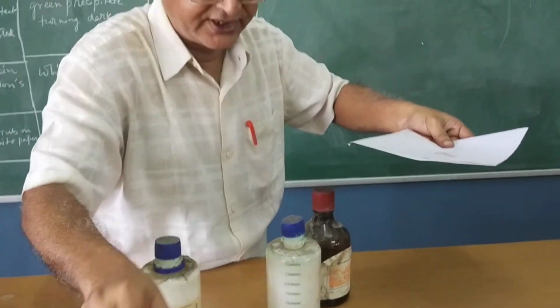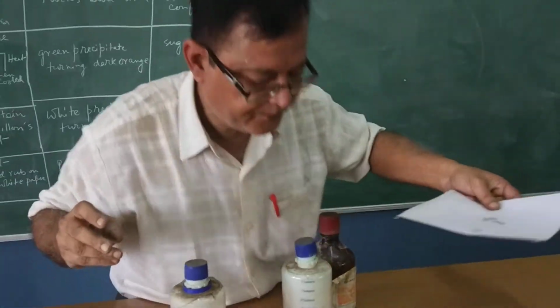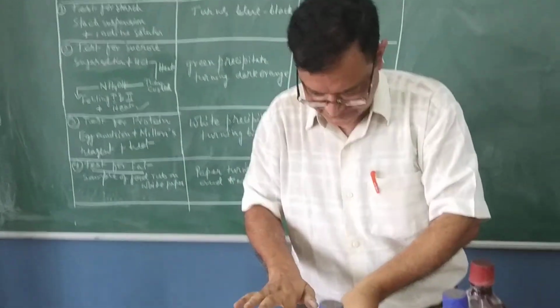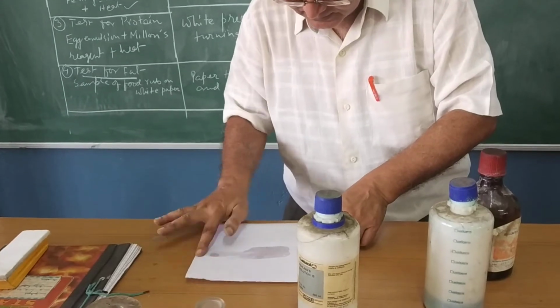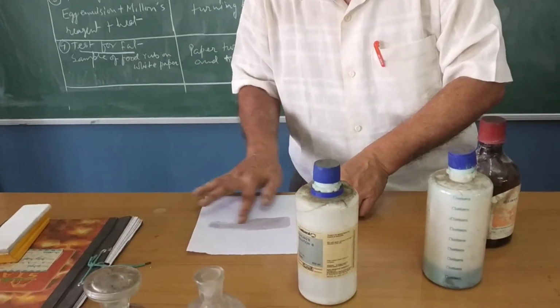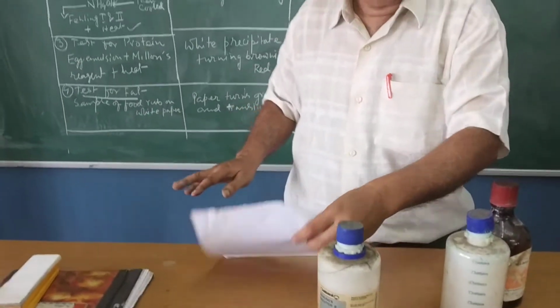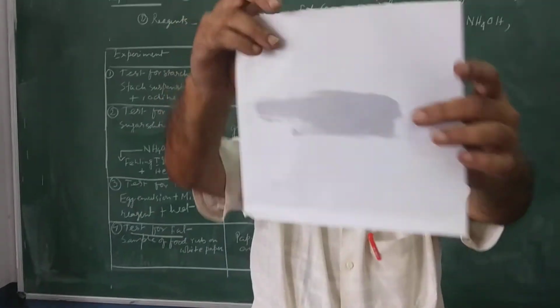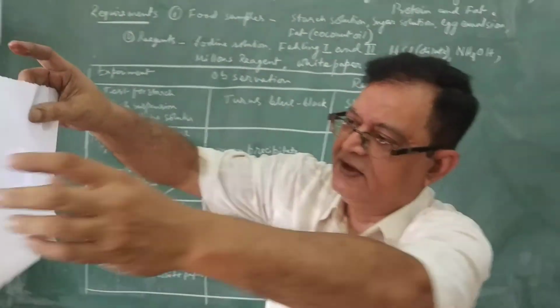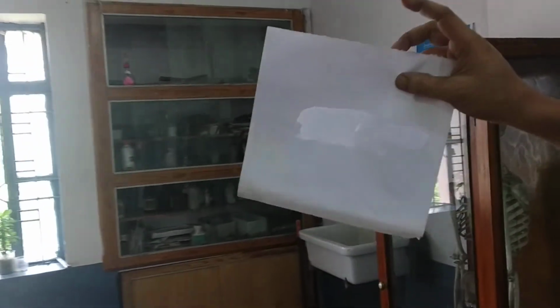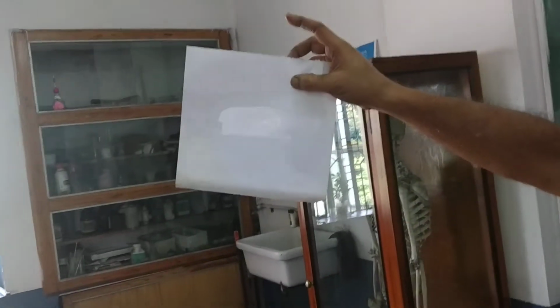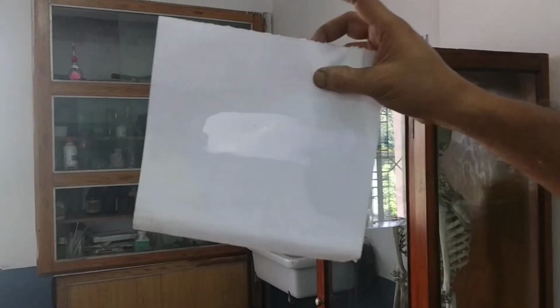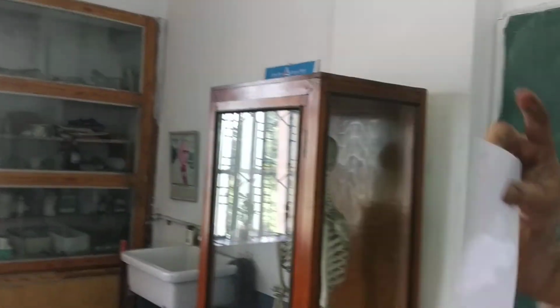I have taken 2-3 drops, and then I will rub it. When I rub it, the paper turns greasy, and if you pass it through the light, it appears translucent. Look at that, how light is passing. This is the test for fat substance.